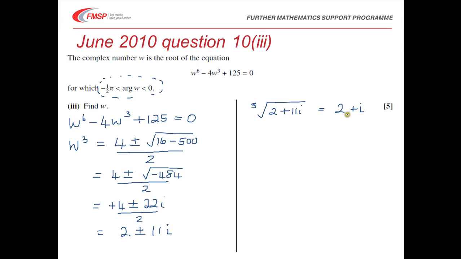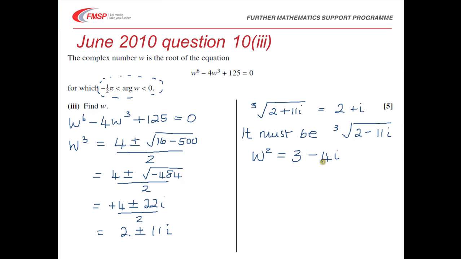So we know that this is the cube root. So that means it must be the cube root of 2 minus 11i, which means that we're not using 3 plus 4i this time. Omega squared, w squared, must be the conjugate of that, which is 3 minus 4i.